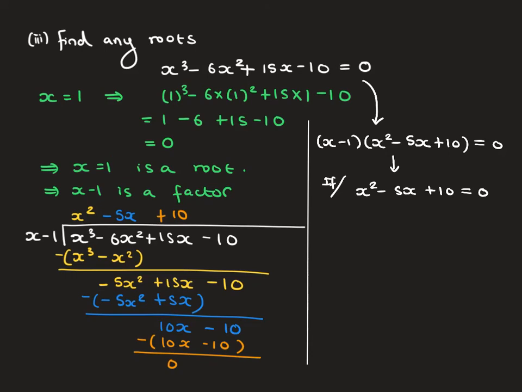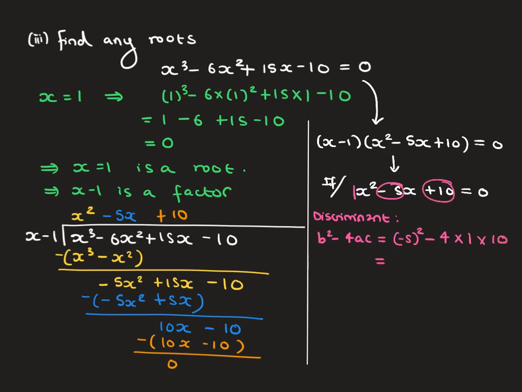Well, I'm going to do what we did previously, and I'm going to explore the discriminant. So remember, this is b squared minus 4ac. So b is equal to negative 5, so that's negative 5 squared, minus 4 multiplied by a, which is 1, multiplied by c, which is 10.